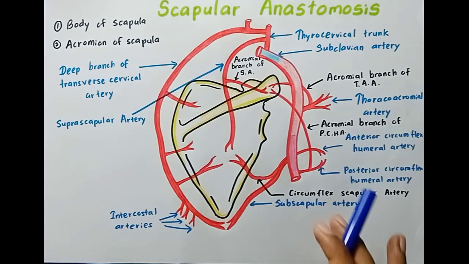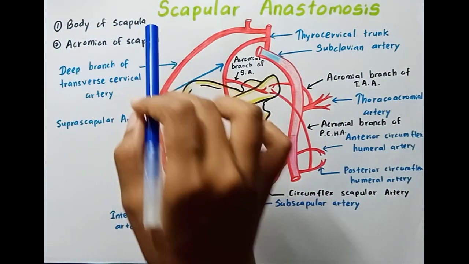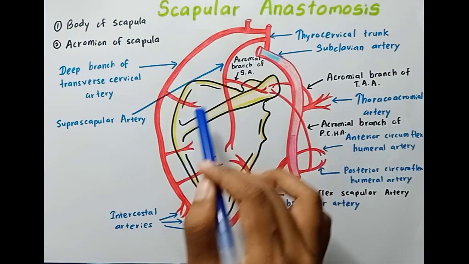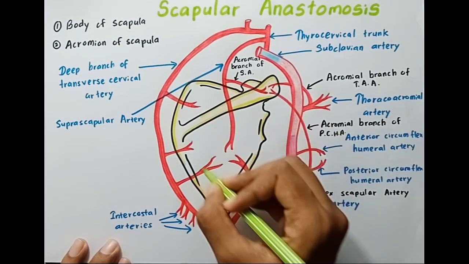And now let's talk about the scapular anastomosis. The first one, anastomosis around the body of scapula. Here you can see the body of scapula. And this is the anastomosis around the body of scapula.